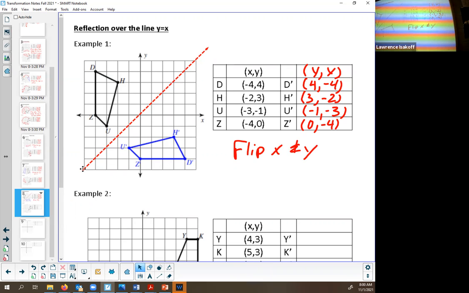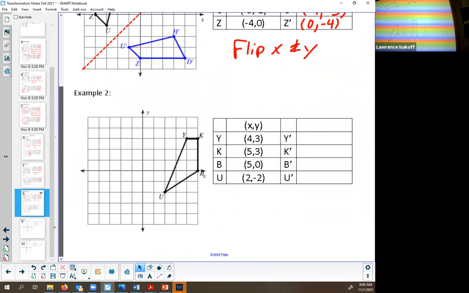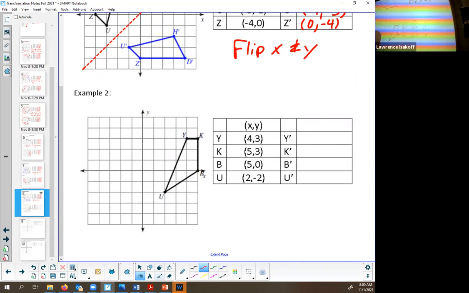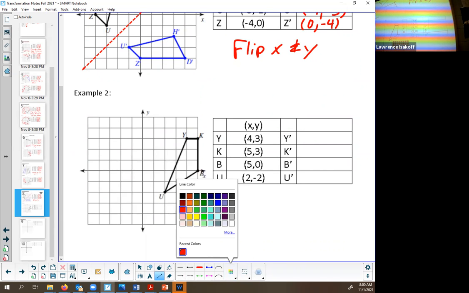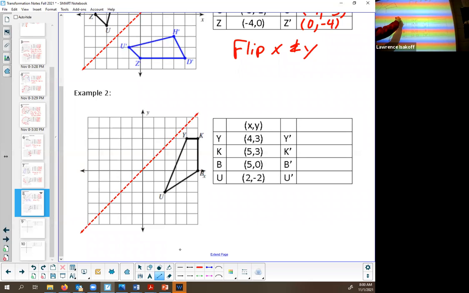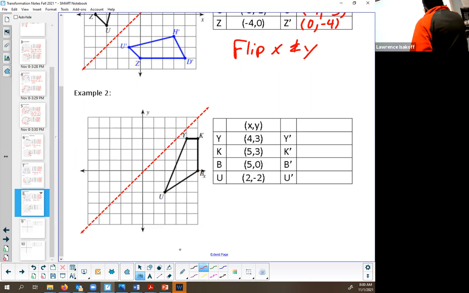So let's look at it again in action here. I'm going to draw for this one the line that we're flipping over, just because it's not as easy to see as the axis. So I'm going corner to corner here. Again, I'm just going to flip all my x's and y's around. So this says 4, 3, which should the new point be? 3, 4, good. Next one. 3, 5, good.